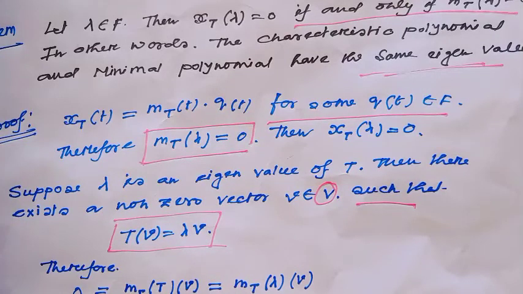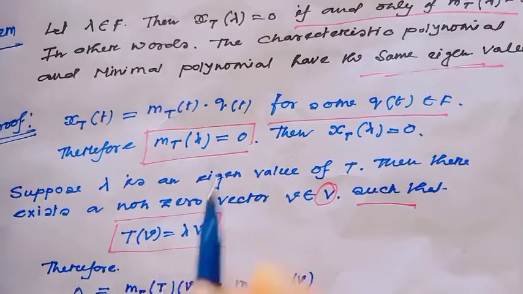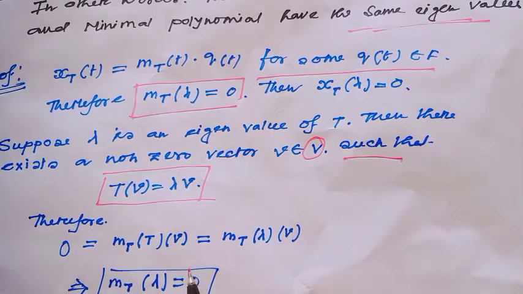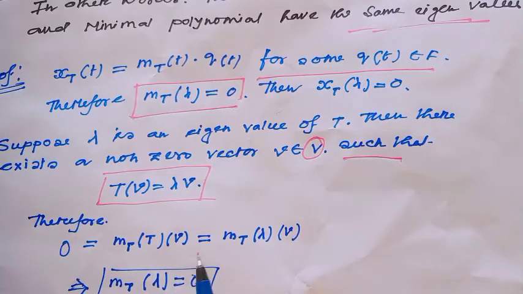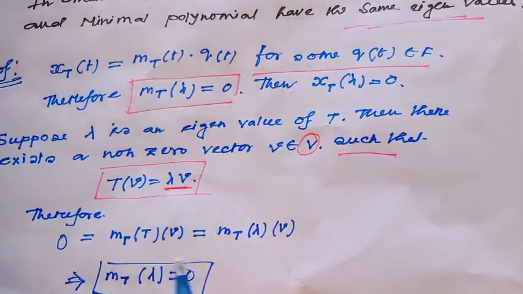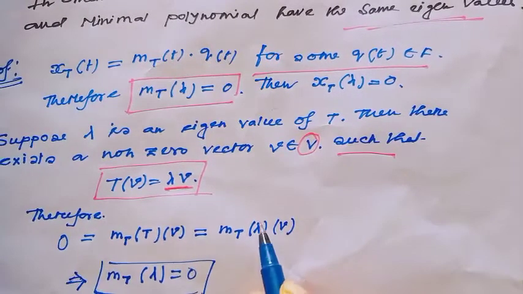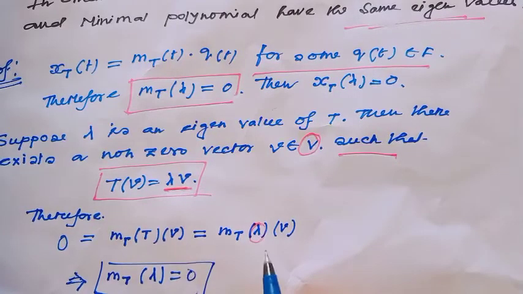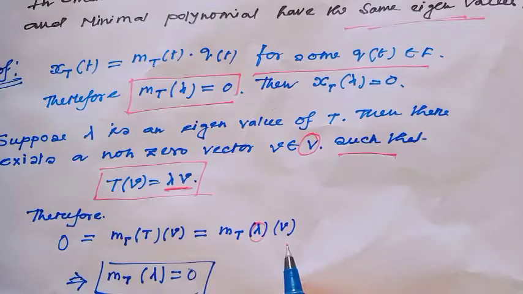Then m_T(T) applied to v, just putting T(v) equals lambda v, gives m_T(lambda) times v.